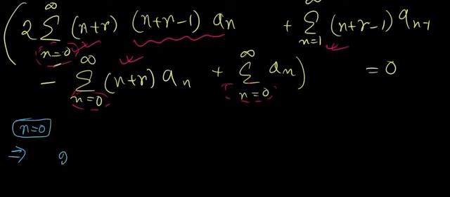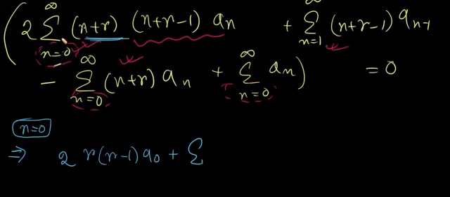So the first term will be just 2 into r minus 1 a of 0, and then the summation symbol will be there, because this is just one term for n equals 0, and this guy over here contains terms from 0 to infinity.